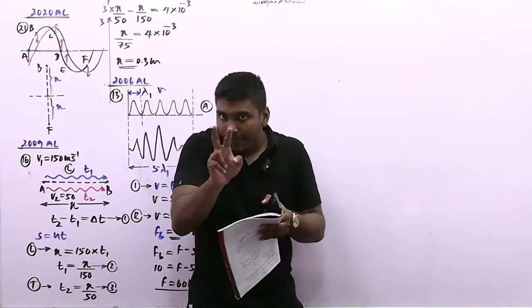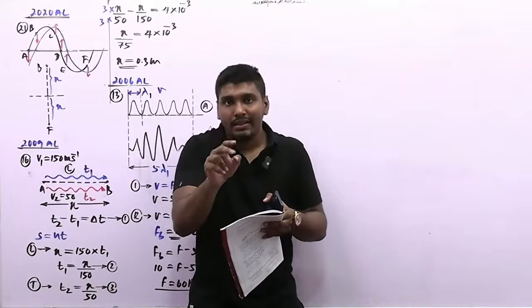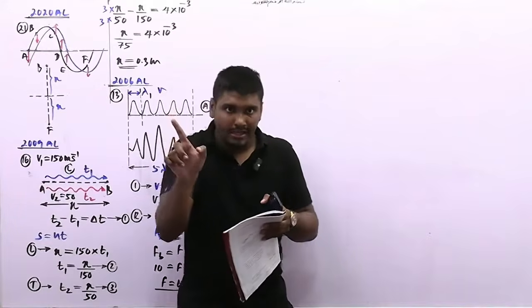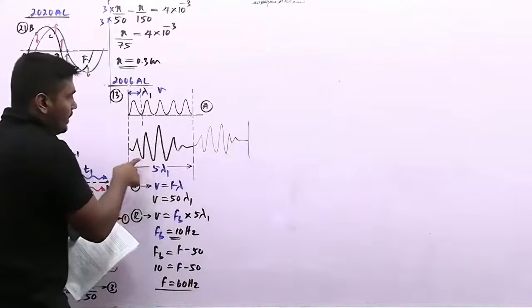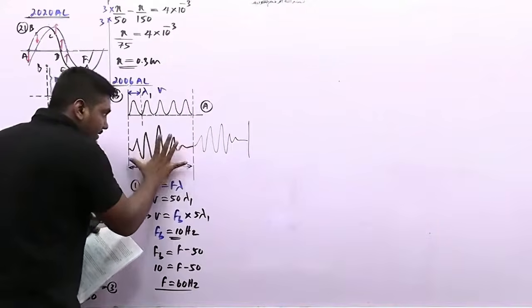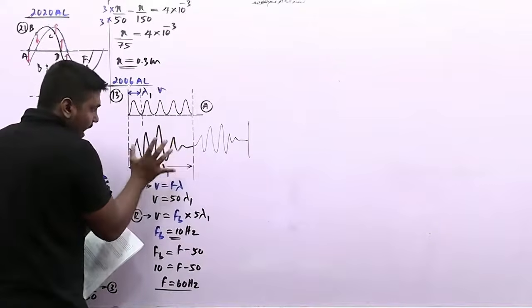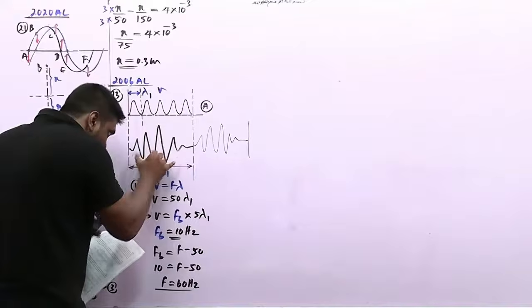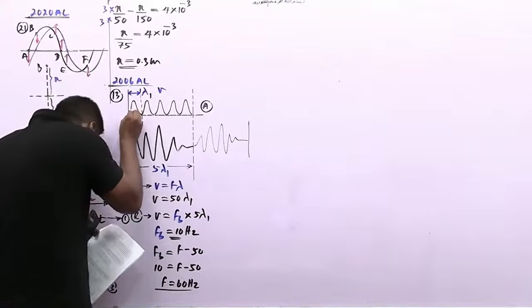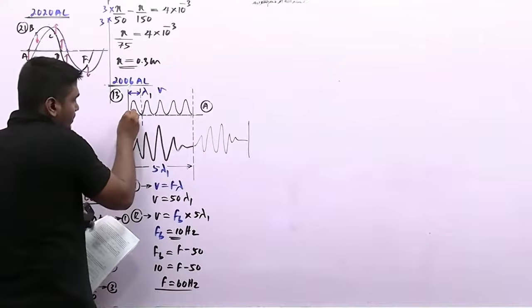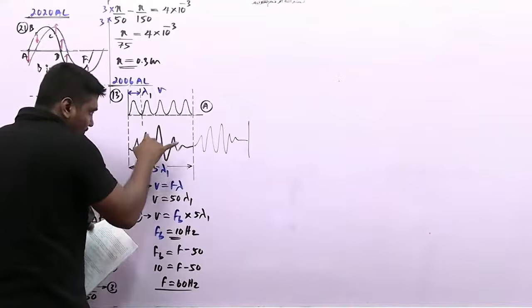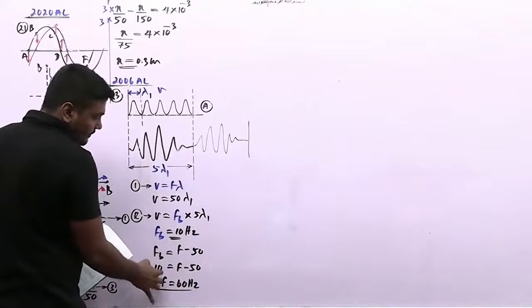When you vibrate sound wave 1 and sound wave 2 together, the resultant wave is shown in this diagram. This length is the wavelength of the resultant wave, which is 5 times the wavelength of sound wave 1, and its frequency is the beat frequency.